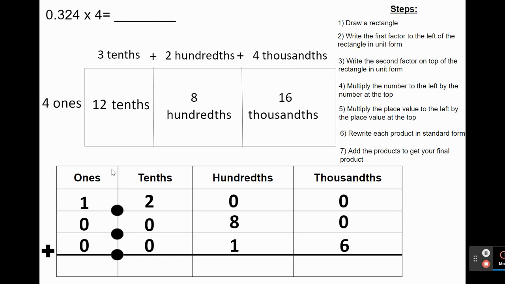So now I have 0 plus 6, and I get 6. Then I have 0 plus 8 plus 1, and I get 9. Then I have 2 plus 0 in the tenths, and I get 2. Then I have in the ones 1 plus 0, and I get 1.